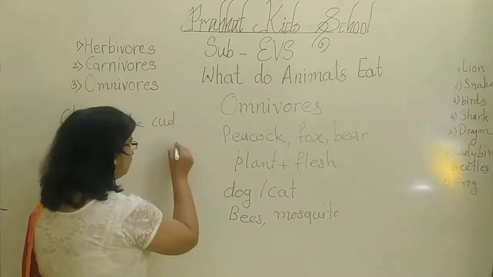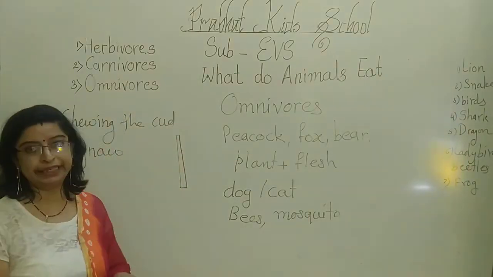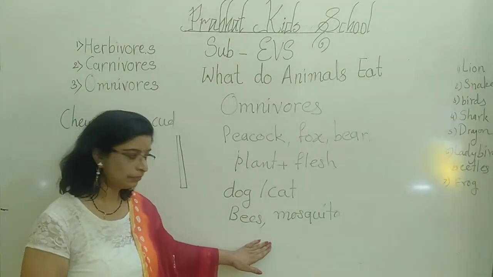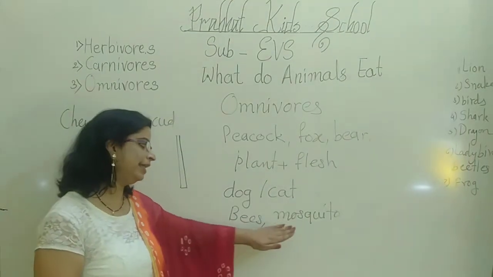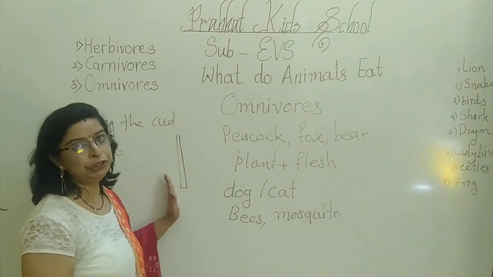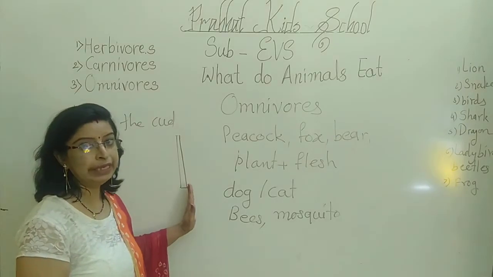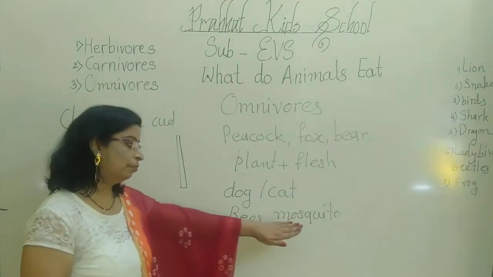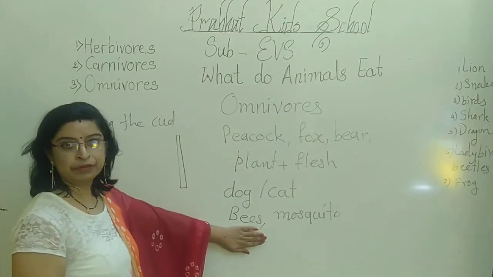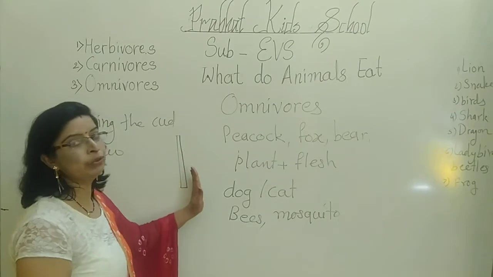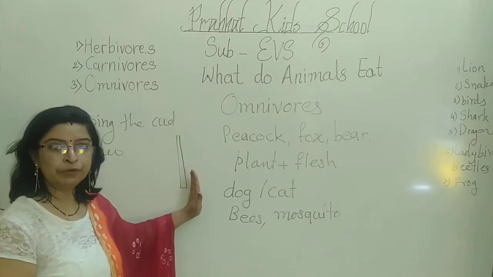For that, they have a very small thin tube attached to their mouth. These bees, mosquitoes, and butterflies have a very thin tube attached to their mouth, and with the help of this tube, they suck the blood from our body, they suck the nectar from the flowers, and this is known as the proboscis. This thin tube is known as the proboscis.